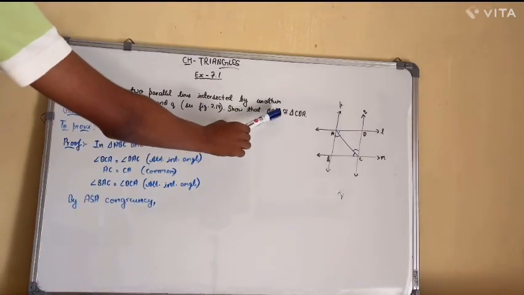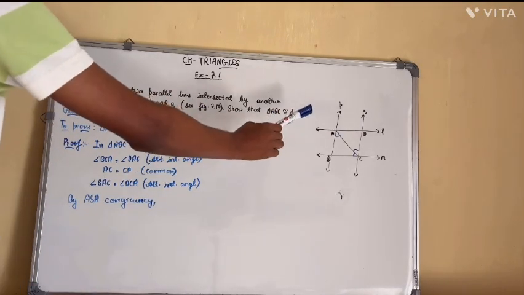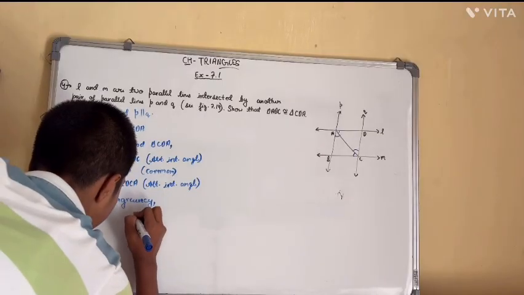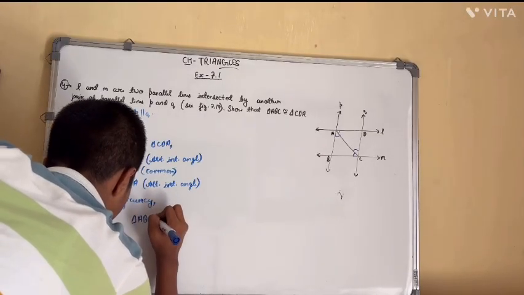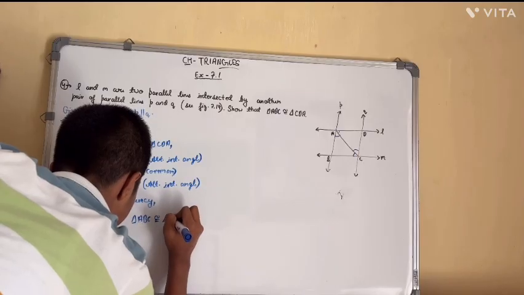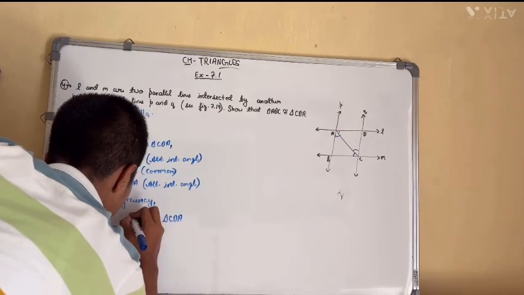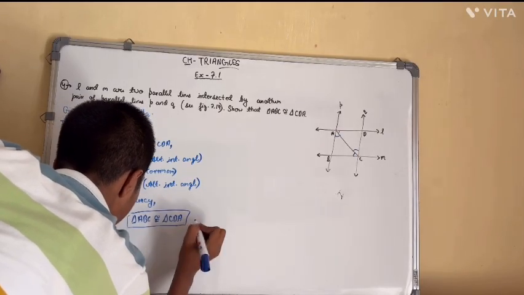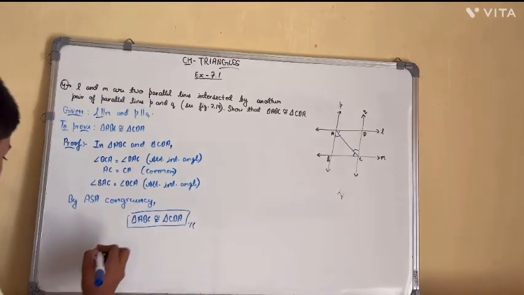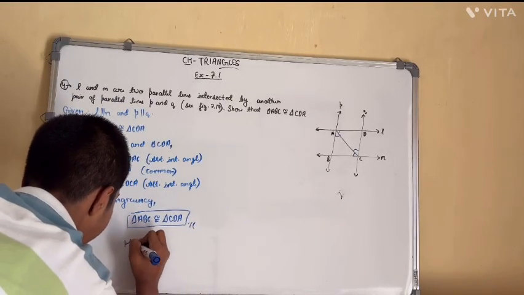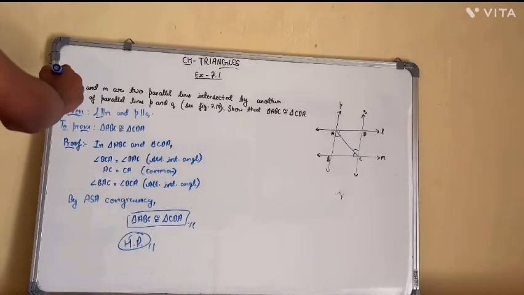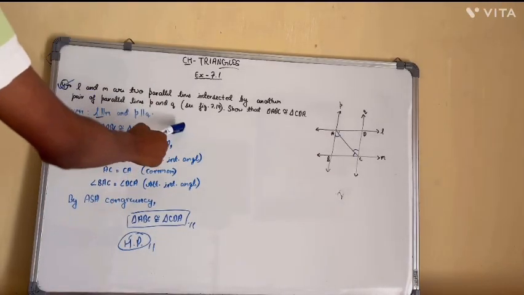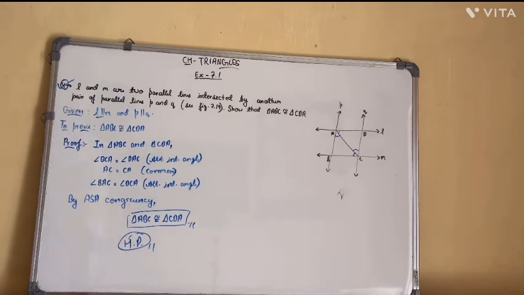We can say that triangle ABC is congruent to triangle CDA. Okay, this we have proved. You can write at last, hence proved. Okay, so the fourth question is also done. You can write this. I am giving time to write this.